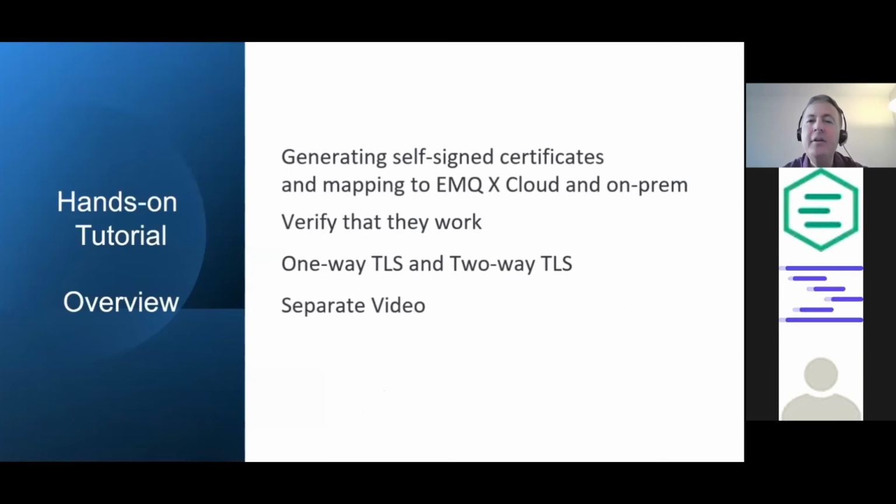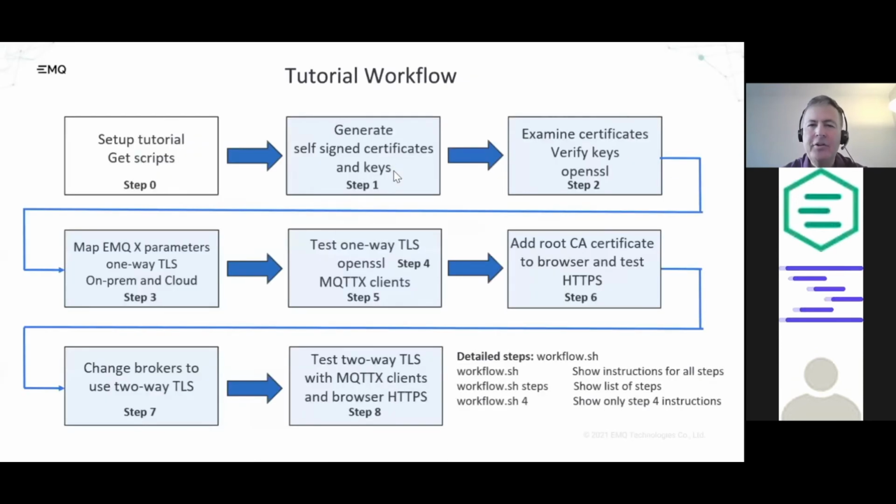In the tutorial, what you'll do is generate the certificates, look at the certificate files using OpenSSL, map them to the brokers, and test them using one-way TLS and MQTT X. Then you'll add the root CA to the browser and test HTTPS, and then configure the brokers for two-way TLS, and then also test the two-way TLS connection. And there's a script called workflow that shows you all the instructions that you need for all the steps.